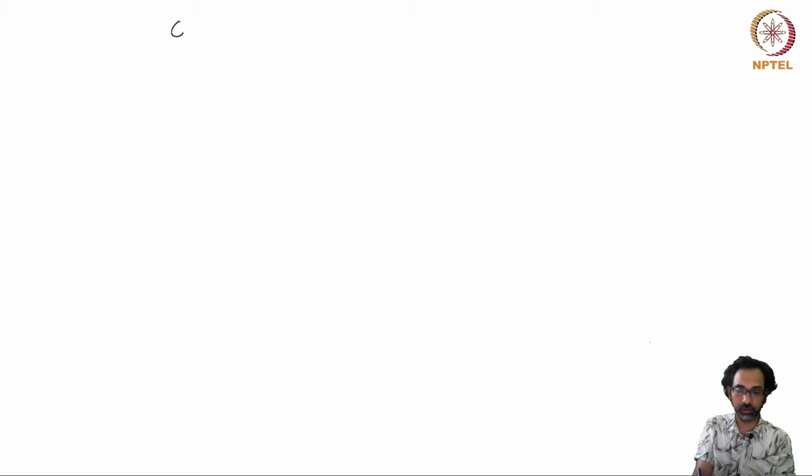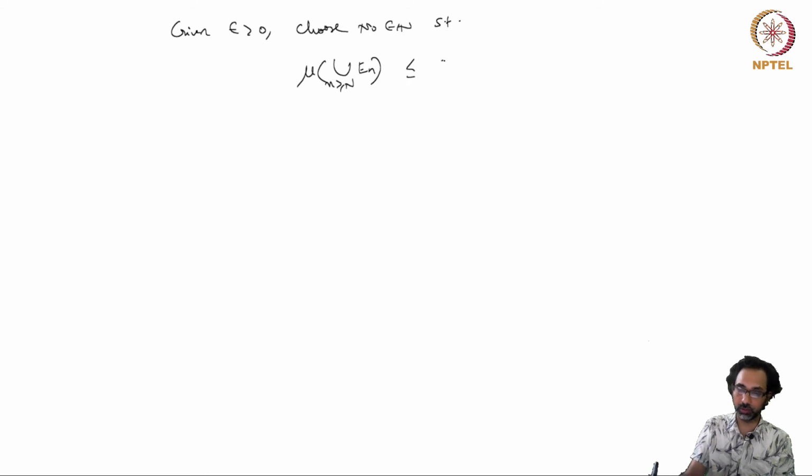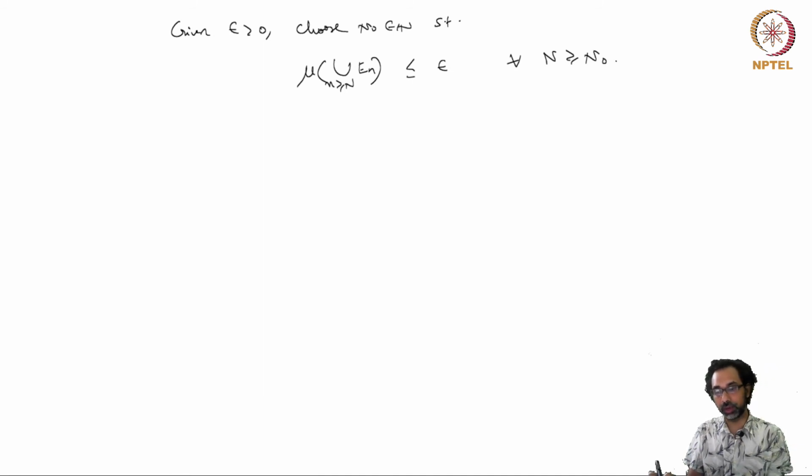So given epsilon greater than 0, choose n naught such that the measure of the union over n greater than or equal to N of En is less than or equal to epsilon for all capital N greater than or equal to capital N naught.